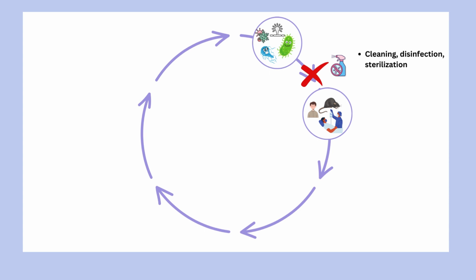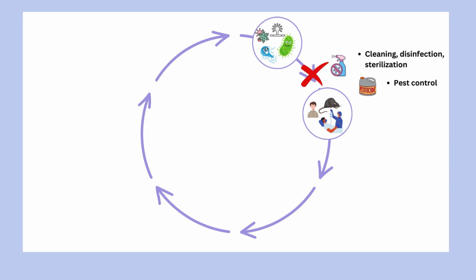Since disinfection cannot eliminate spore-forming bacteria, it is important to sterilize semi-critical and critical reusable medical devices such as surgical instruments. Effective pest control measures are also essential to reduce the risk of transmission of diseases from animal reservoirs.